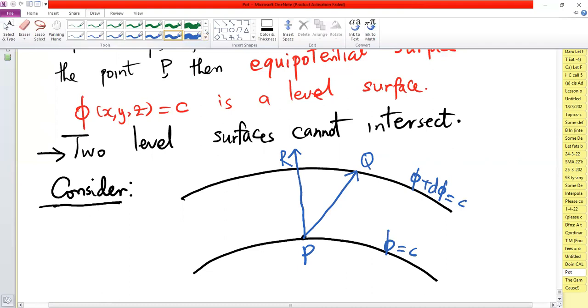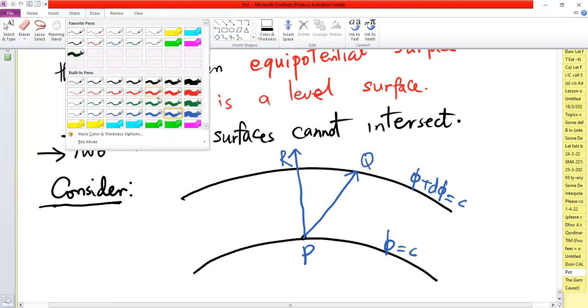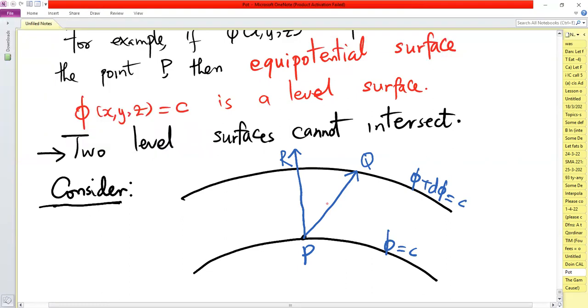So we call this vector delta R. We call this vector delta N. And this is the unit normal. So this one surface is another surface.